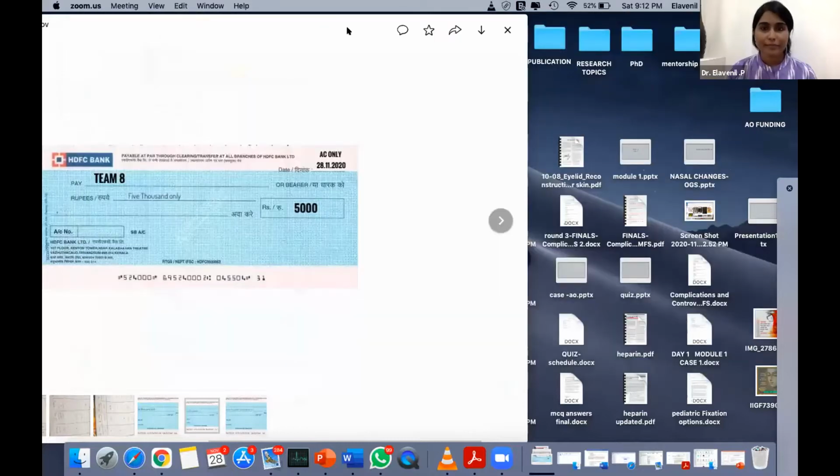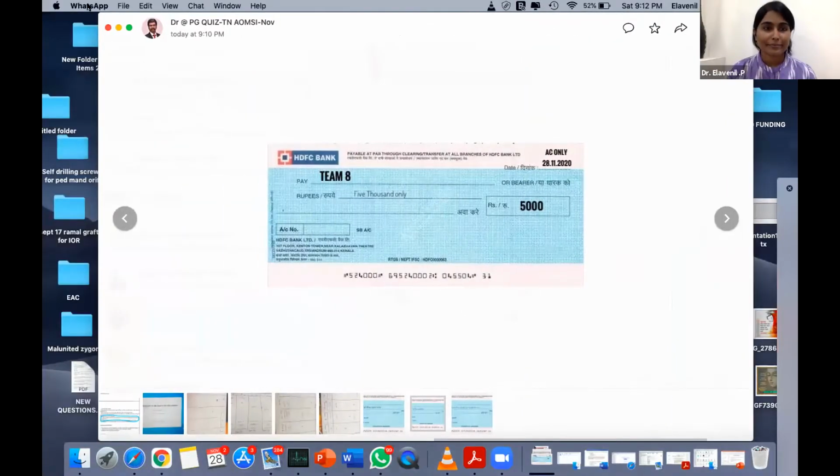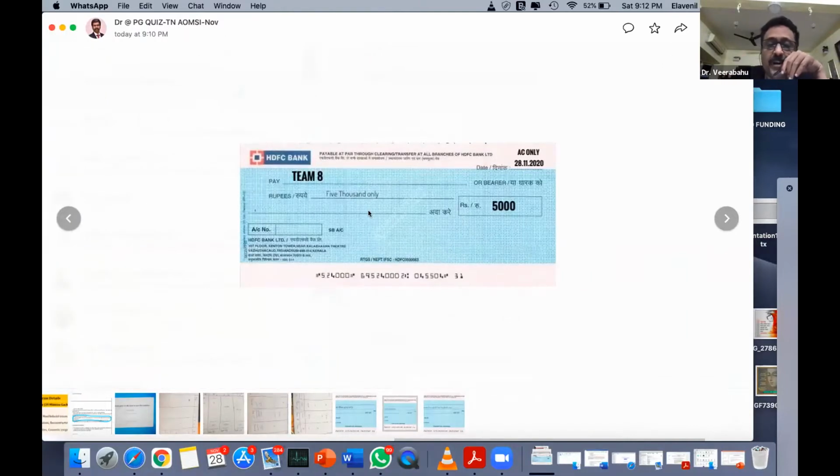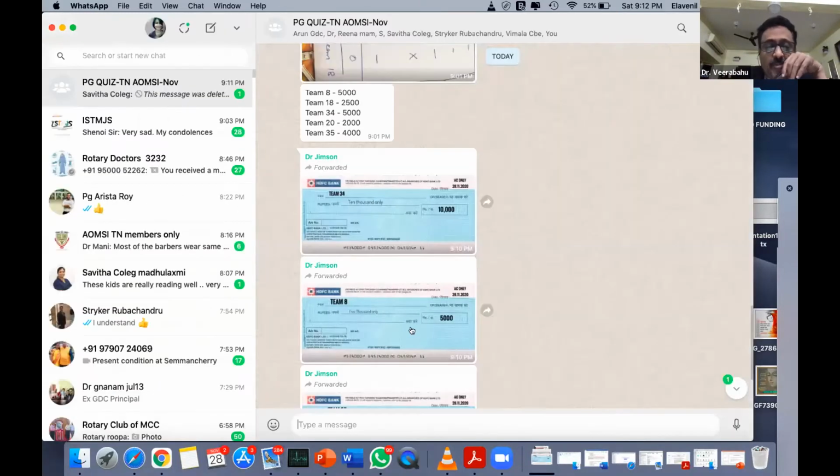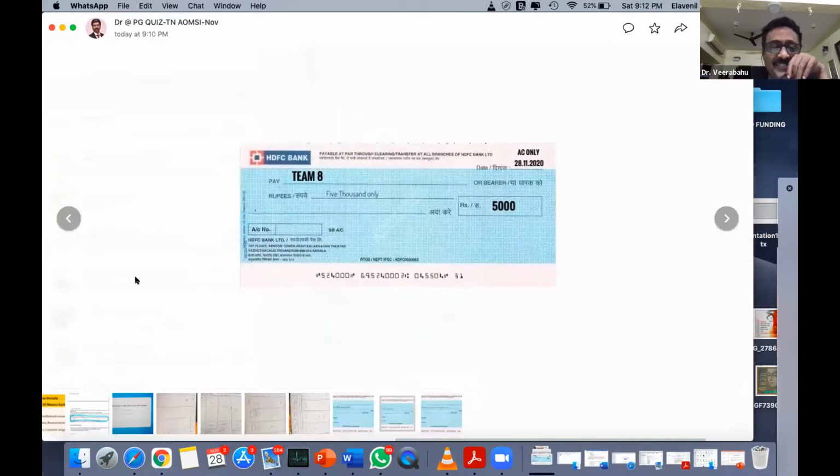So we start from the third one. The third one. Team gets the third prize. A check of 5,000. Who is the sponsor for that? Our association or anybody else specifically sponsoring, Jim?